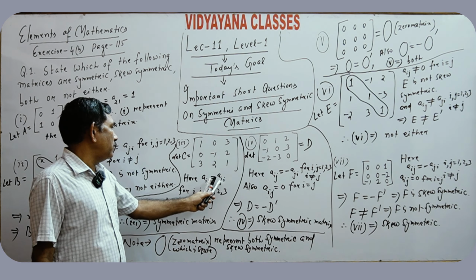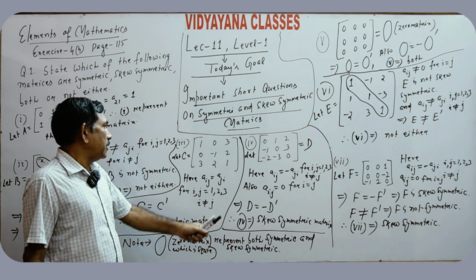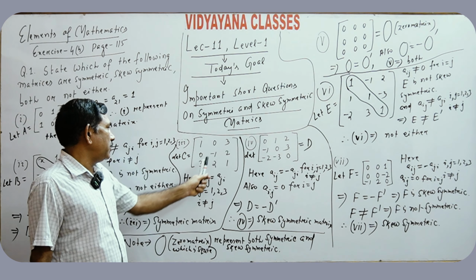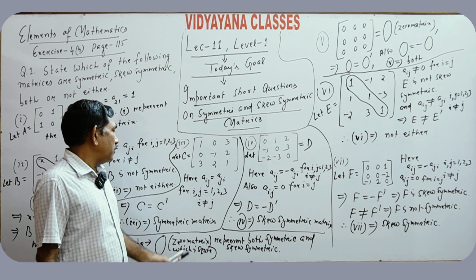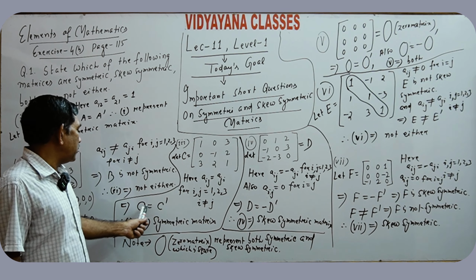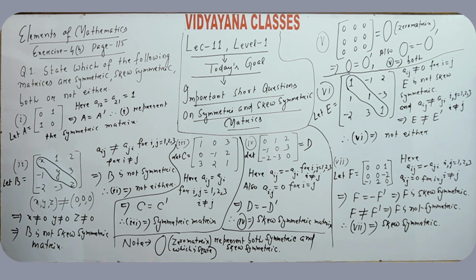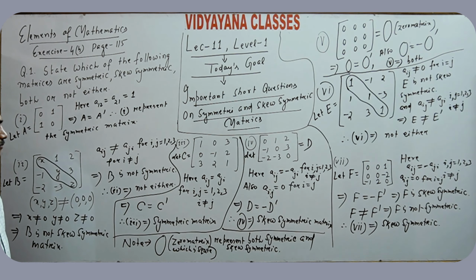Aij is equal to Aji. That means A13 is the same as A31 for i not equal to j. Implies C is equal to C dash, that means C is a symmetric matrix.